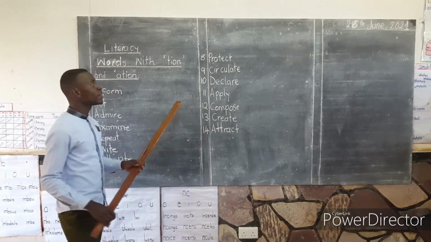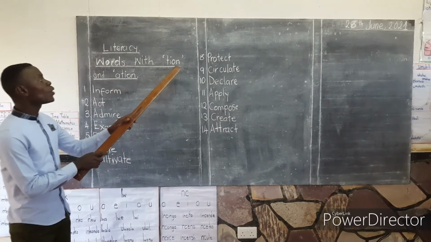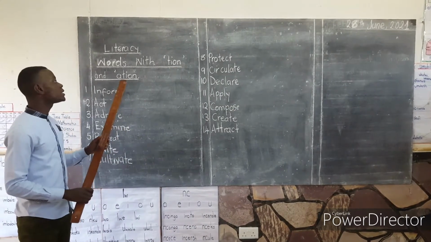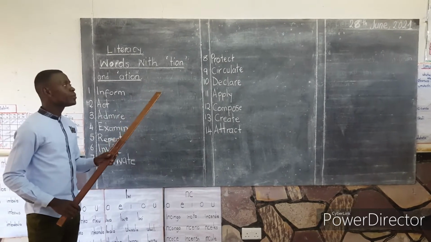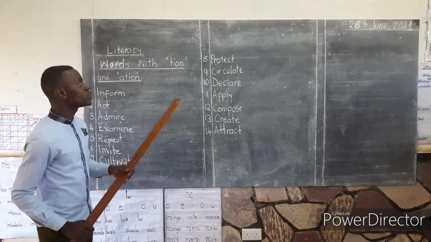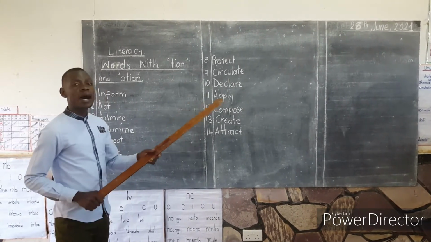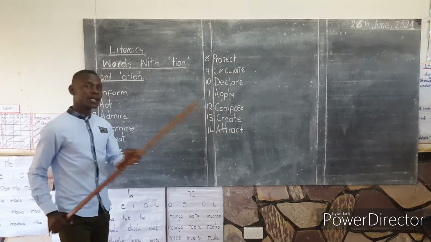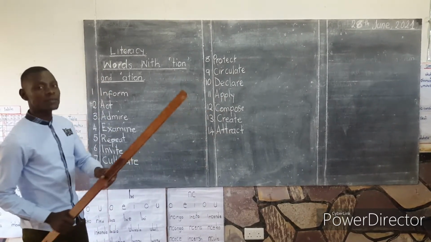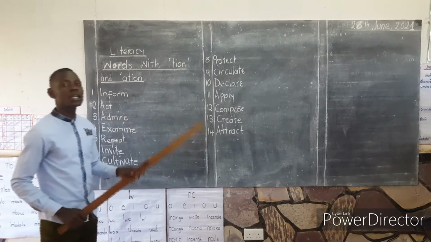So we have a lot of words where we can add T-I-O-N or A-T-I-O-N. Now, sometimes you may meet a question asking you to form nouns from these verbs. Last time we looked at verbs, and these words that we have on the board are called verbs.